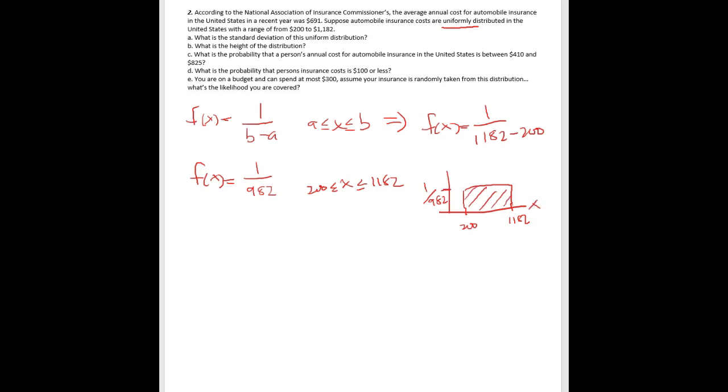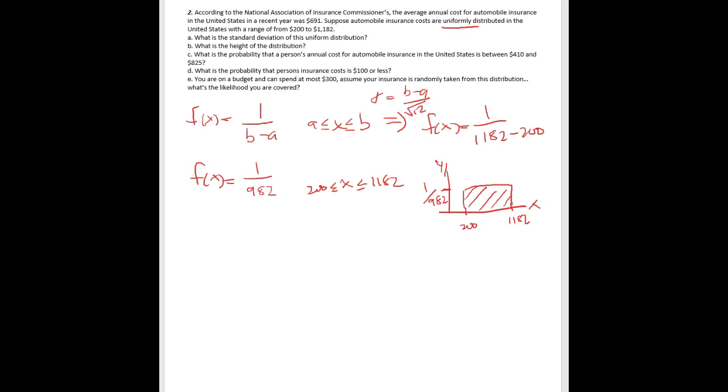Okay, our x, and I guess we can call that our y. All right. So that's kind of what it's going to look like if you guys remember us doing that before. And we also have a given standard deviation formula, which I'll just write up here: b minus a over the square root of 12. Okay?